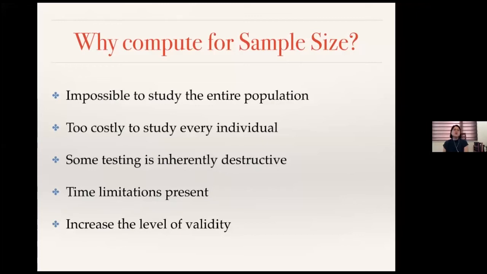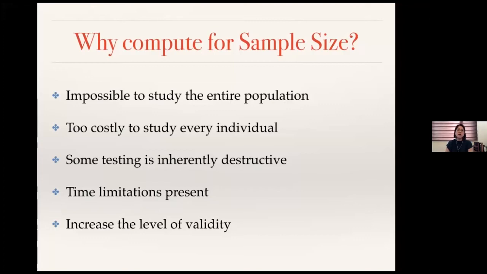No? So another thing is, some testing is inherently destructive. For example, if you want to do a study in neonates and you have to get, let's say, a genetic sample. In some genetic samples, you have to get 15 ml of blood. So for premature patients, you can't just get 15 ml of blood in all premature patients, diba?